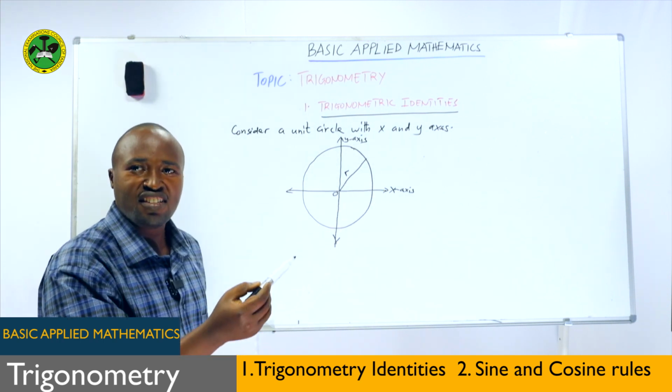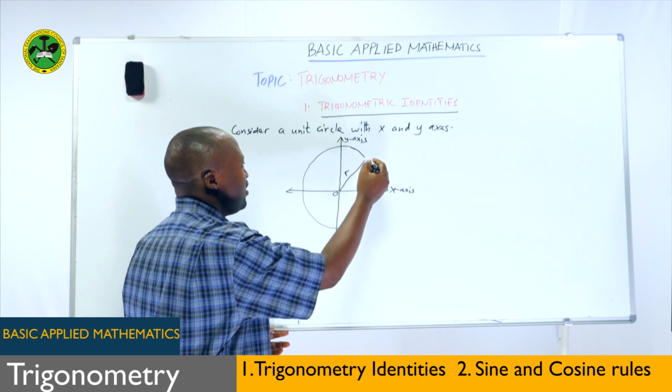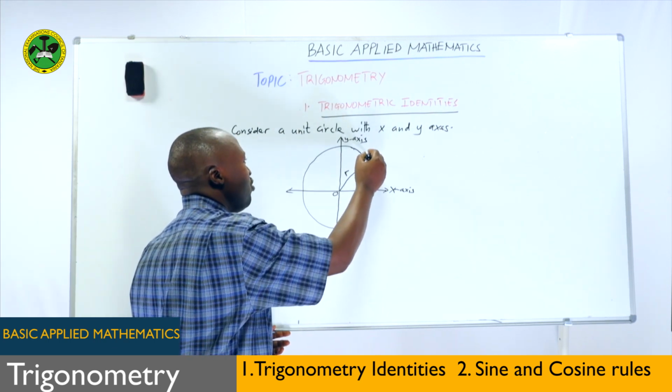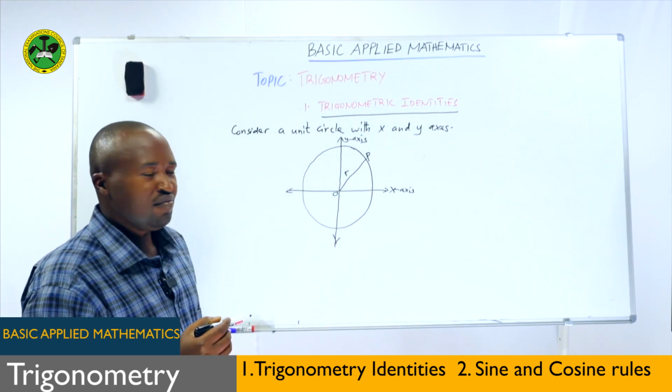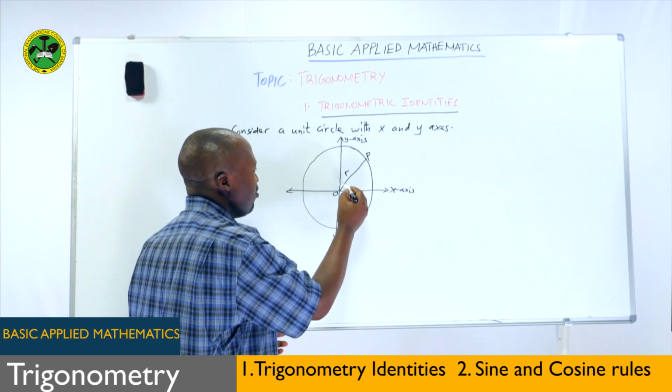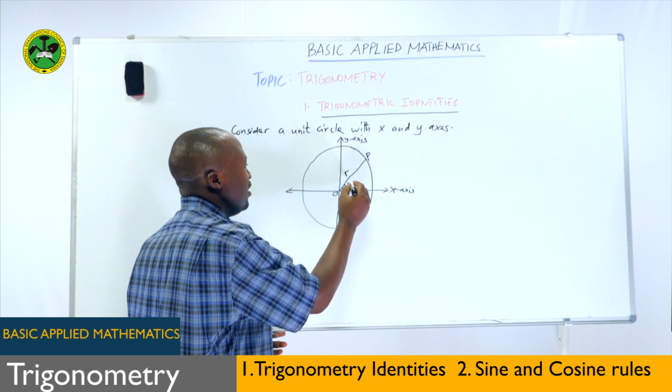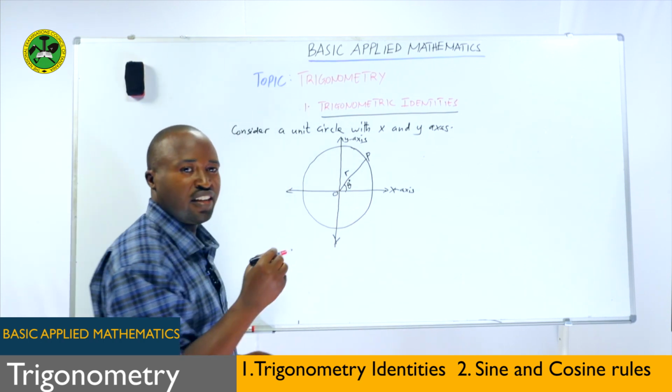That is the radius. My dear student, suppose here we have a point P. And here there is an included angle, call it angle theta.